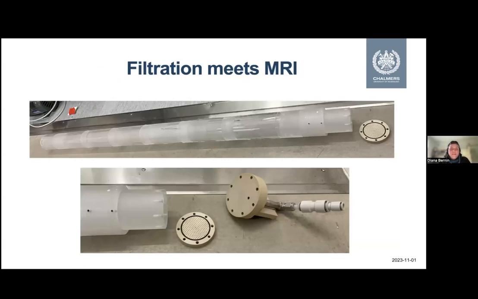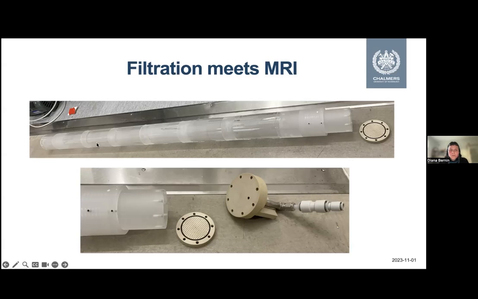Yeah, then also a project that has just started, together with Hans Teljander, but he's soon to be retired, and I hope we can pick up on this. It's about filtration. And also here, we had to build a rig first. So this is a long tube.